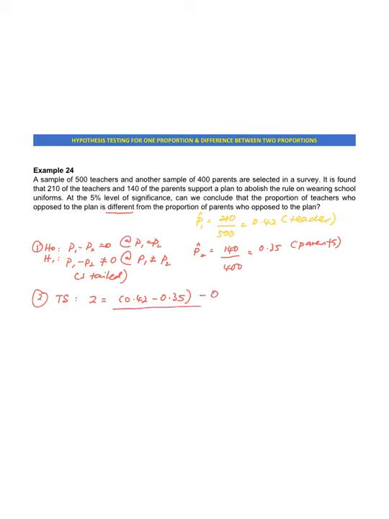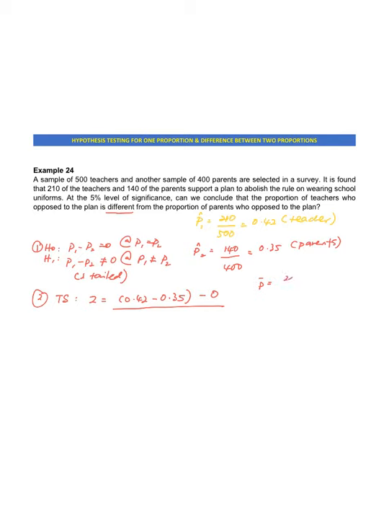And then we need to find p̄. I forgot to find p̄. So p̄ is our pooled sample proportion. How to calculate this? p̄ is x1 plus x2 over n1 plus n2.